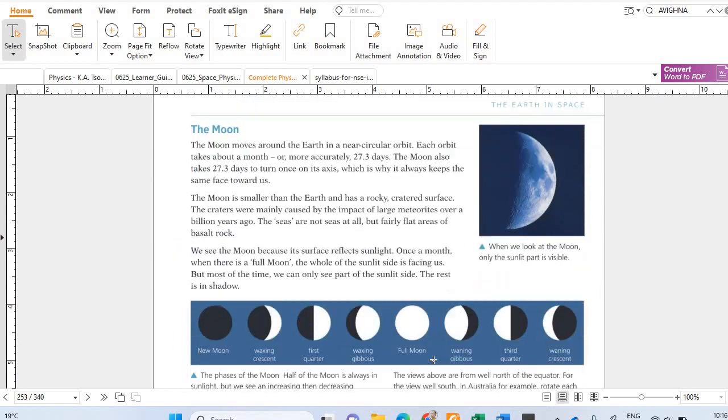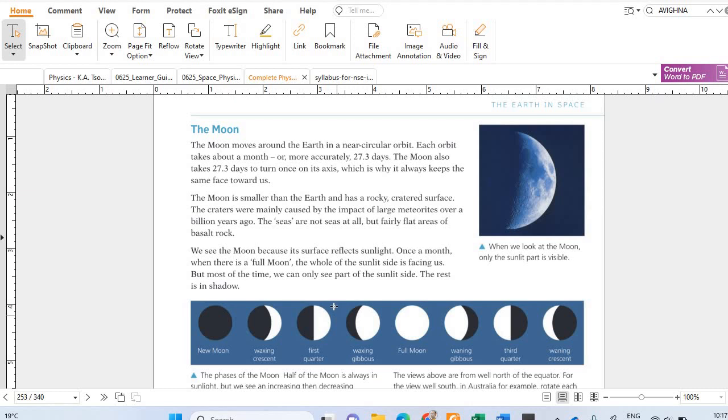Okay, now let's talk a bit about the moon and why it has so many different phases. The moon is a satellite, and a satellite is any object that revolves around a planet. The moon is not in the same plane as the sun and the earth; I mean, the sun, the earth and the moon are not always in the same plane.